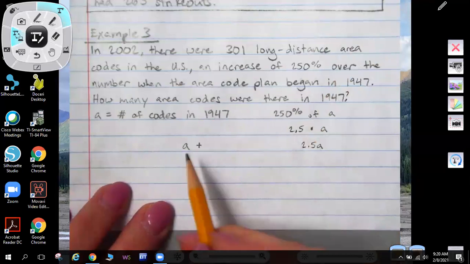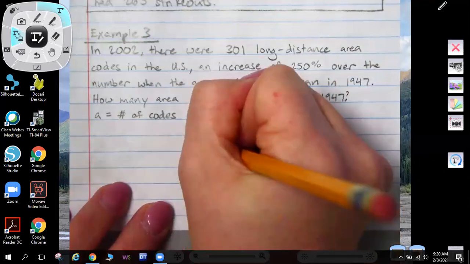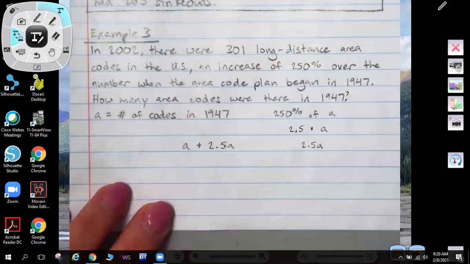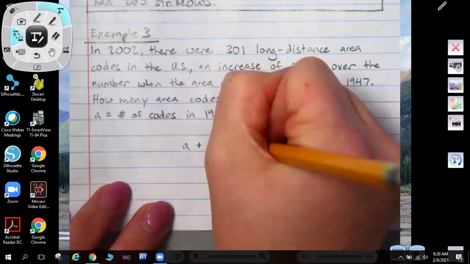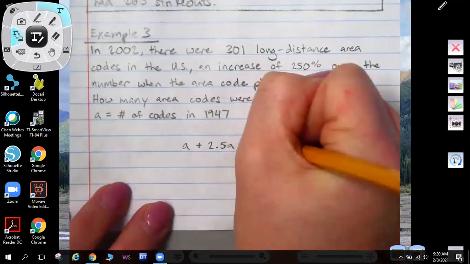So we start with A, which is the number of codes in 1947, then we add 2.5A to get the number of area codes that we had in 2002, which is 301.